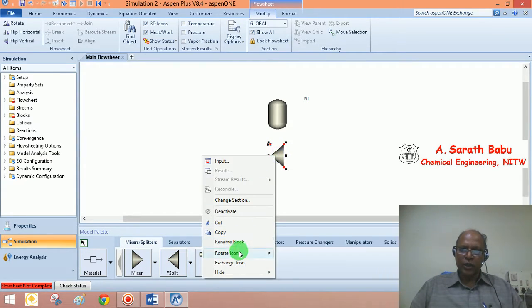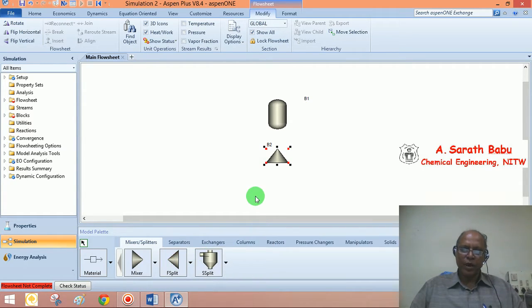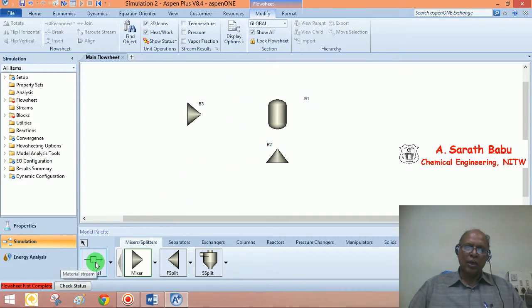Let me rotate this icon. Rotate right. In the same way, the fresh feed gets mixed with the recycle stream to give rise to the combined feed entering the flash column. Depending on our requirement, we should be able to process all three cases in this example.